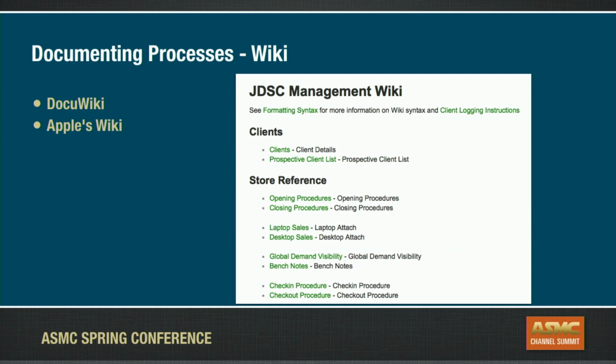There's a lot of different wikis out there. If you're not familiar, wiki is Hawaiian for quick. It was developed at the University of Hawaii. The initial format is basically a markup format that's pretty standardized, except for Apple's wiki. You can take that wiki and move it to any other type of wiki system, and the formatting will be retained, and links and stuff will be retained. So it's pretty cool that way.